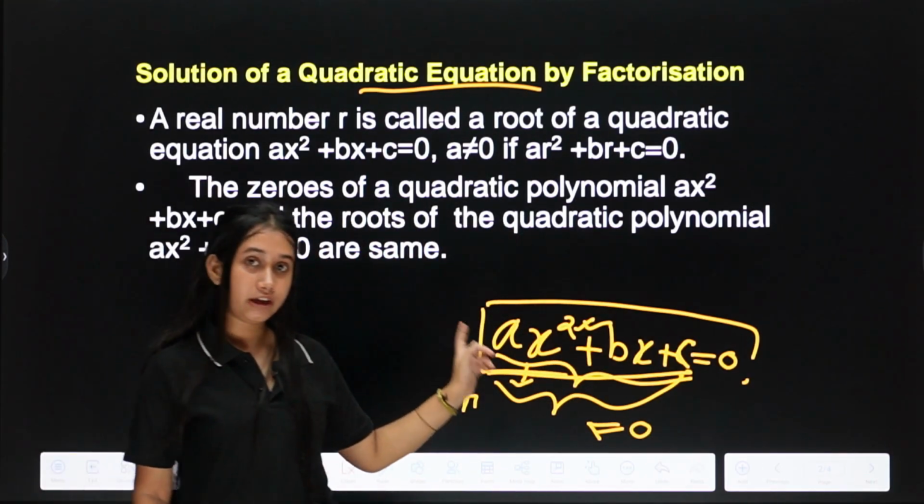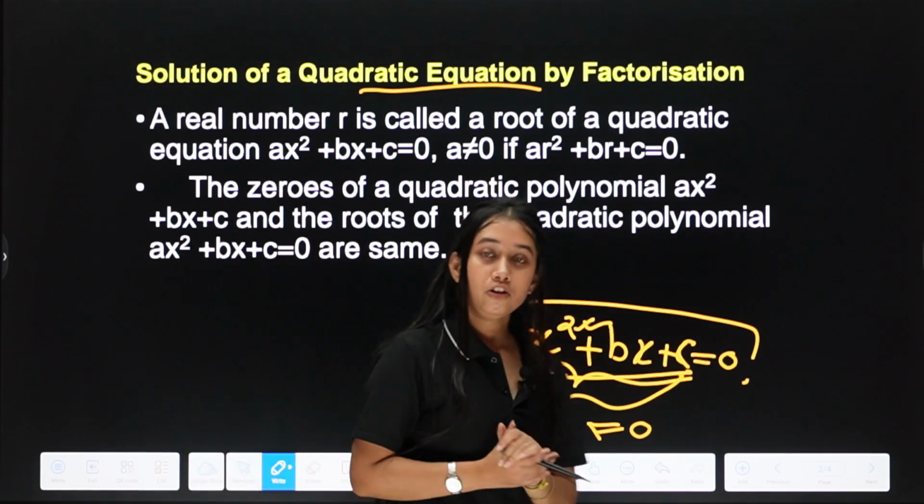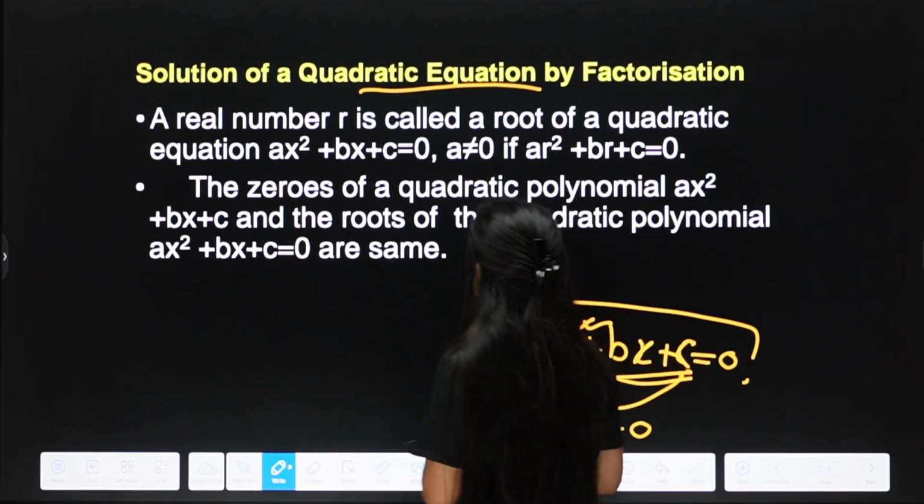The root of a quadratic equation and the zero of a quadratic polynomial are equal.